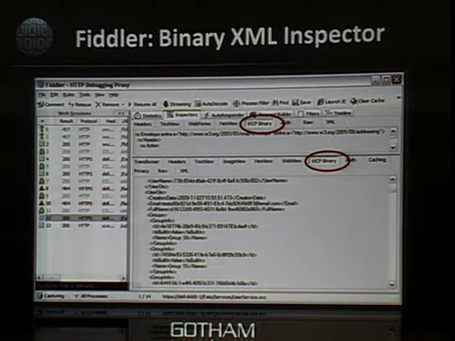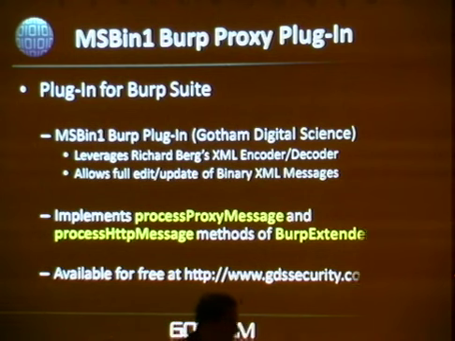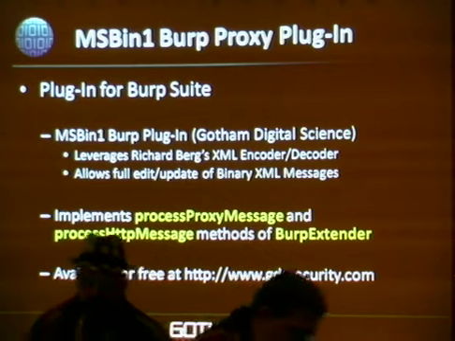I started looking at the code and thought it would probably port quite well over to Burp, which I've written a plugin for before. It has a pretty easy to use plugin interface. And I know that with Burp we'd be able to transform that data, as opposed to the Fiddler interface, which would be read-only. So there's a plugin that was written a few months ago. I released it back in November.